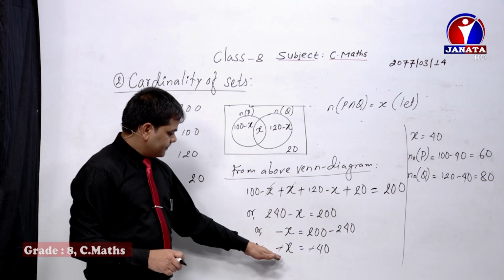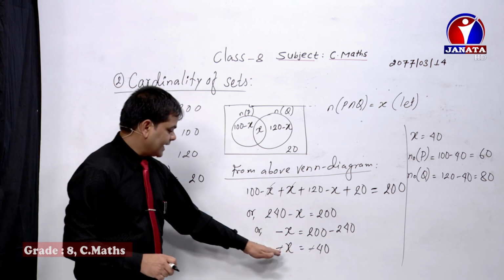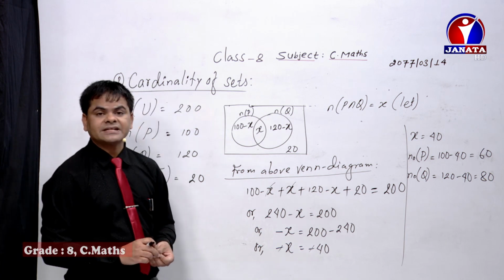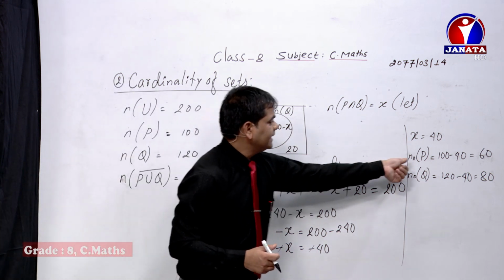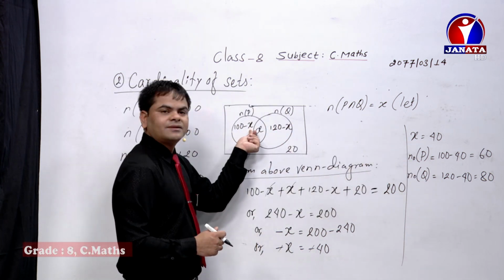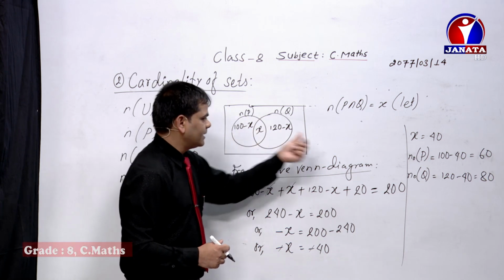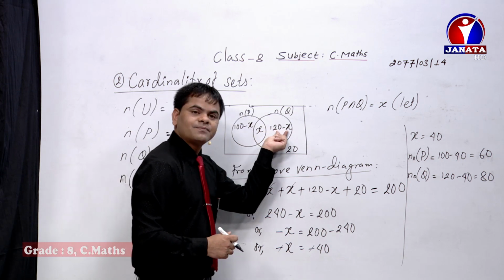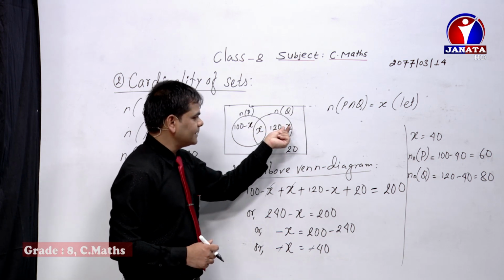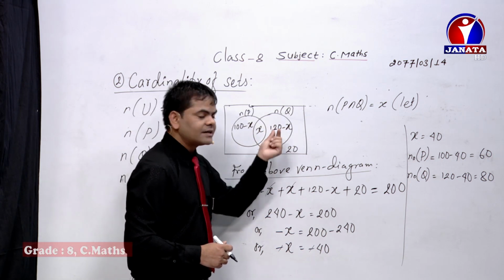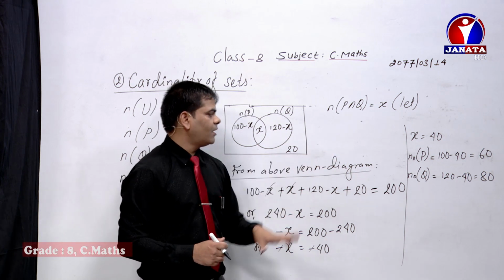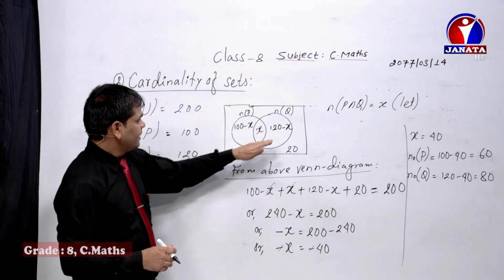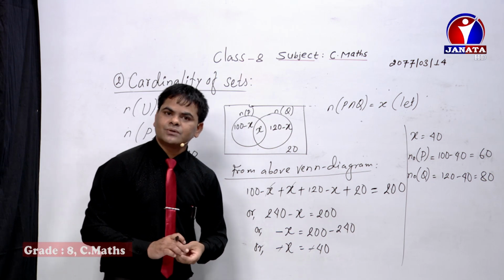So when we get such a situation, we can cancel the minus, and the value of x came as 40. And P only, if you need to find out, is 100 minus the value of x, 40. P only means 100 minus 40, 60. Now similarly, if the question says to find Q only, at the time 120 minus the value of x as 40, so 120 minus 40 becomes 80.